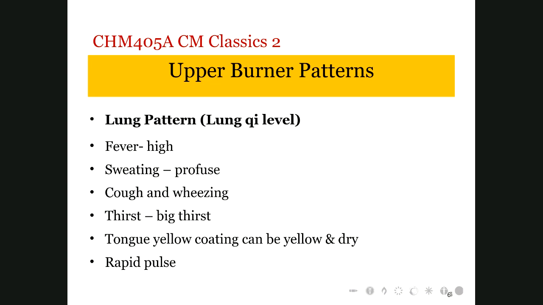That's why it shows an early stage of pneumonia, or it's going to become a pneumonia-like condition. So cough and wheezing will coexist together with high temperature, profuse sweating and enormous thirst, and a very pounding, rapid pulse that comes through, as well as a yellow tongue coat.